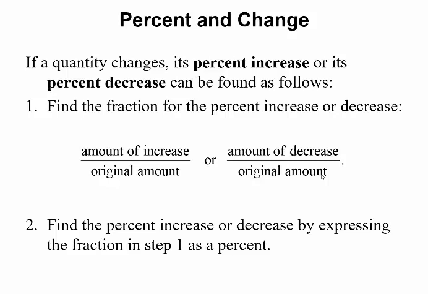Same thing on the other side. If you know how much it has gone down, you take the amount of the decrease and divide that by the original amount. When you figure out what that is, that tells us how much, in terms of a percentage, the item has gone up or down. So you can find the percent increase or decrease by expressing the fraction in step 1 as a percent. You're just going to turn it into a percentage.